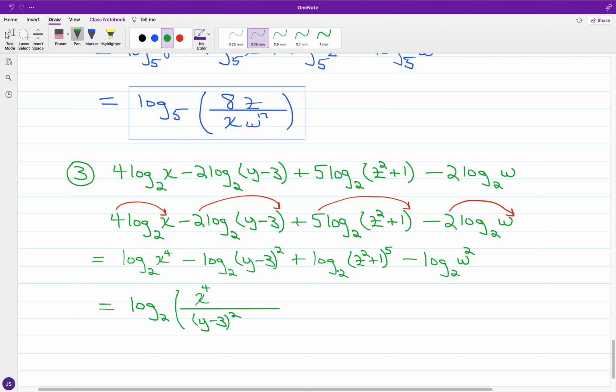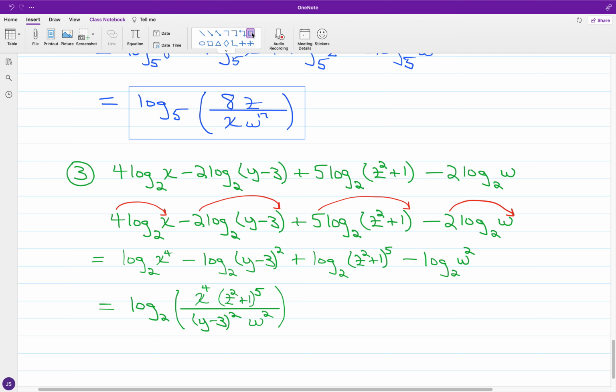Next we have z squared plus 1 to the 5th, part of a positive base 2 logarithmic term, so that part will go at the top. And the last term we have is the negative of the base 2 logarithm of w squared, and so w squared will go to the bottom. And so this will be the consolidated term that we have.